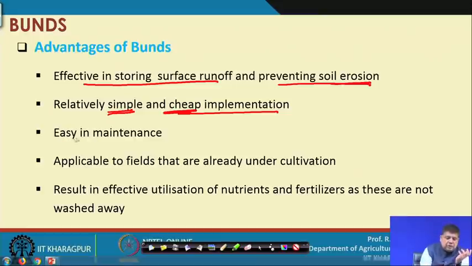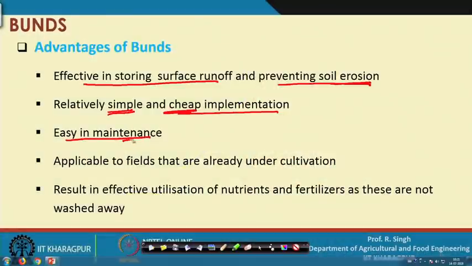Also, because of the simple construction, they are easy to maintain, because this is just a trapezoidal cross section. So, if any little bit of erosion takes place, we can always fill in soil, which is again readily available in the nearby area, to maintain the shape of the bund.